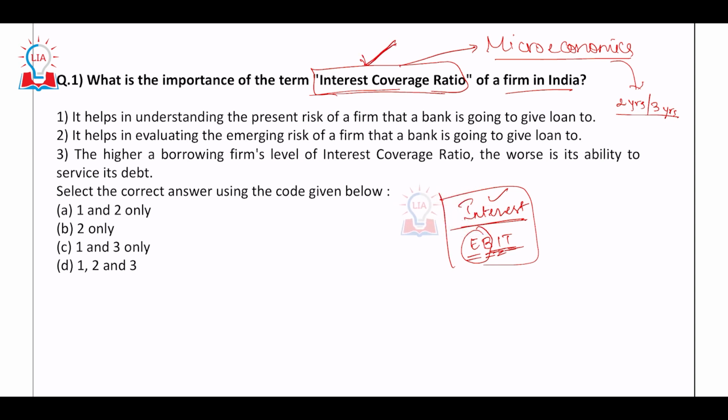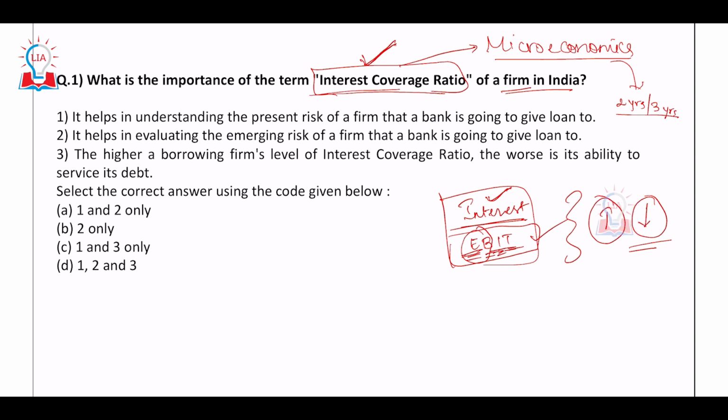How much interest can be covered using the earnings even before you deduct the interest and the taxes to be paid by the firm. So if the interest coverage ratio for a firm is higher, its earnings should be more, right? So it will be able to cover more of this interest. And if the interest coverage ratio is lower, then it is not in good shape.